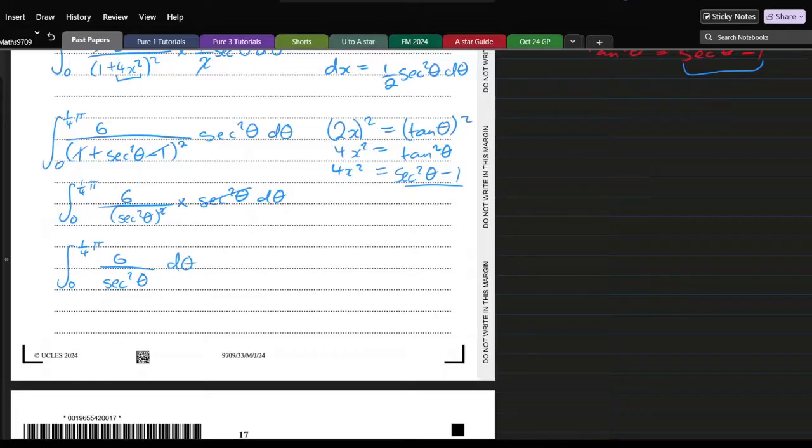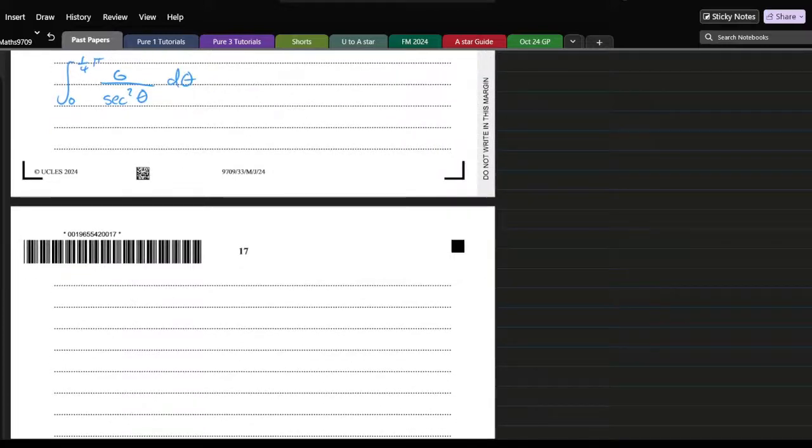And we know that we can write this as the integral from 0 to 1/4 pi of, I'll put the 6 outside the bracket because it's a constant, and we know that 1 over sec squared theta is the same as cos squared theta. So we're not integrating sec squared theta after all.